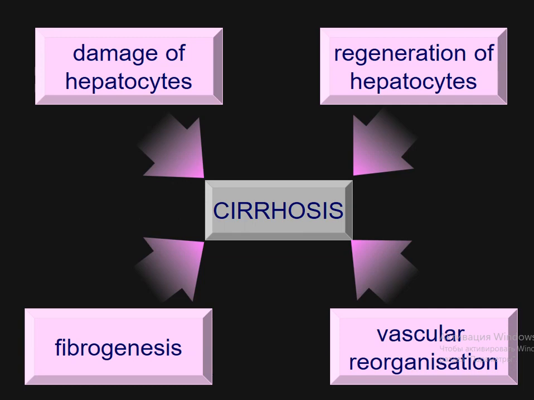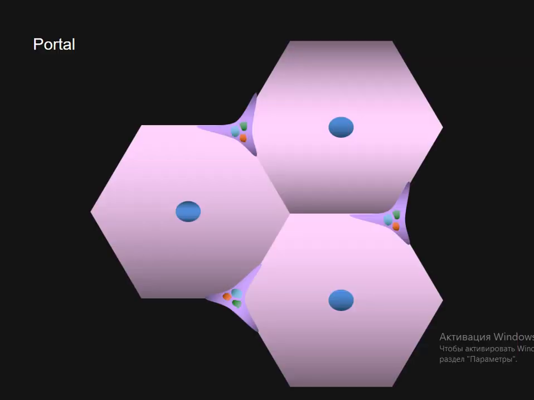This way, the blood bypasses the hepatic parenchyma. Moreover, due to fibrous proliferation in the space of Disse, gaps in the hepatic sinusoids are closed, which results in development of capillaries in the sinusoid, and we name this process capillarization of sinusoids.